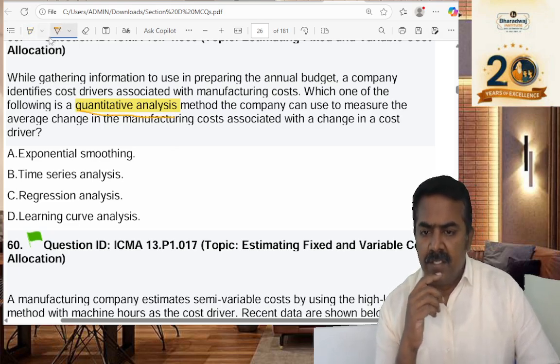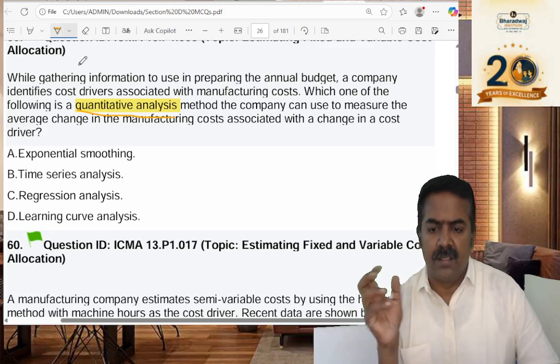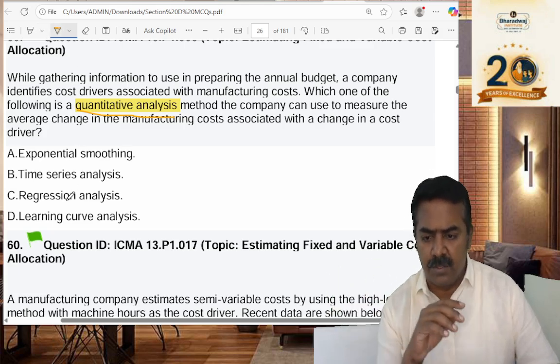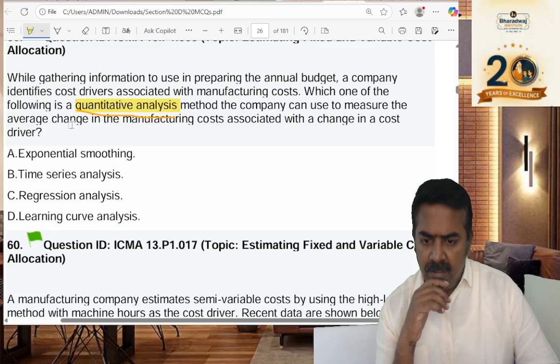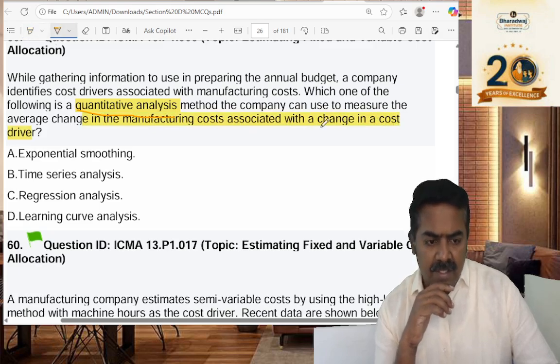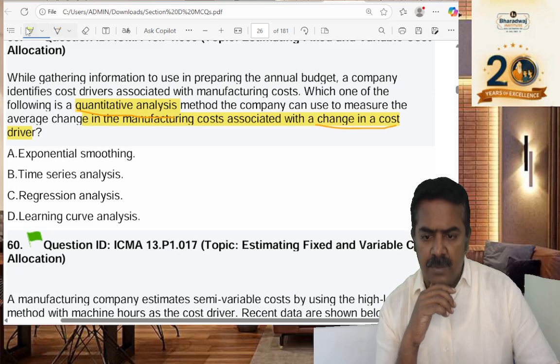See, exponential smoothing is not a quantitative analysis. Time series analysis also not the thing. For estimating the manufacturing cost associated with a change in cost driver, always which one? Regression analysis.